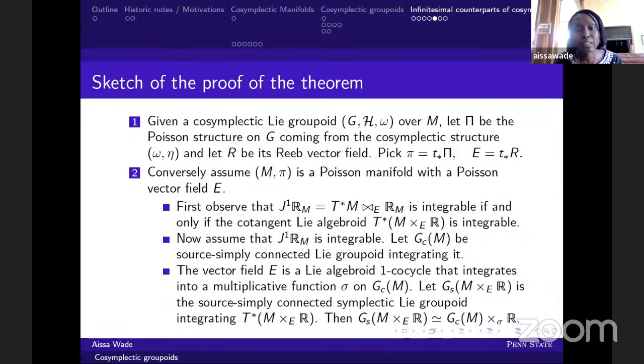If you want to look at the line bundle version, you can take a two-form. But how about your representation? I don't know.